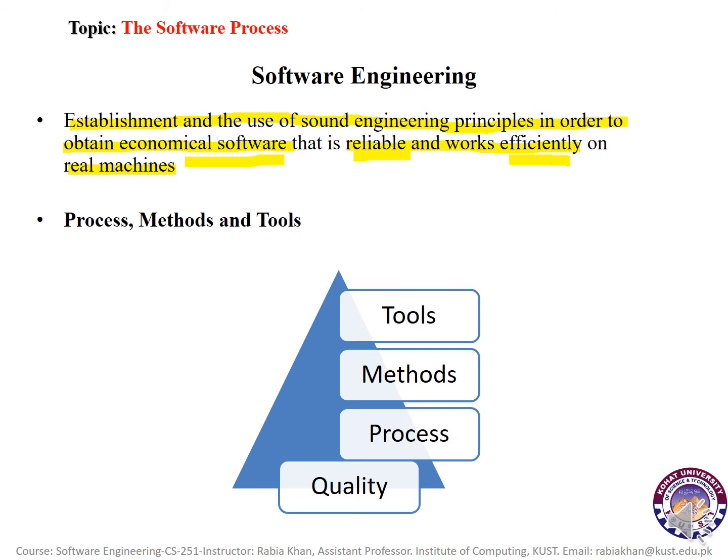If you remember, we discussed in chapter 1 that there are no universal laws governing software engineering, but still some principles and rules have been adopted by different software companies in order to develop reliable, high quality, efficient and economical software. But still there are no universal laws governing software engineering the way they exist in other engineering domains.